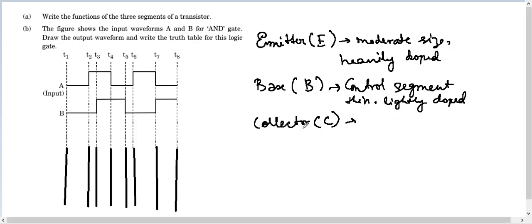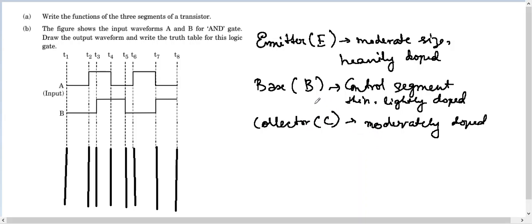So as the name suggests, the function of it is to collect the charge carriers given by the emitter. It is moderately doped. However, the size is large as compared to the emitter.